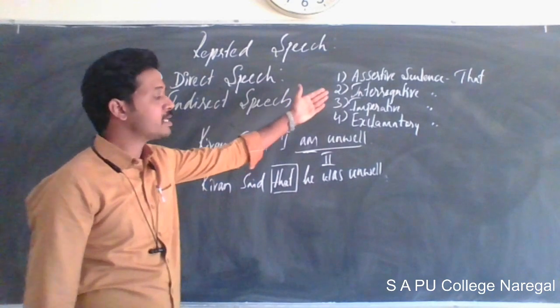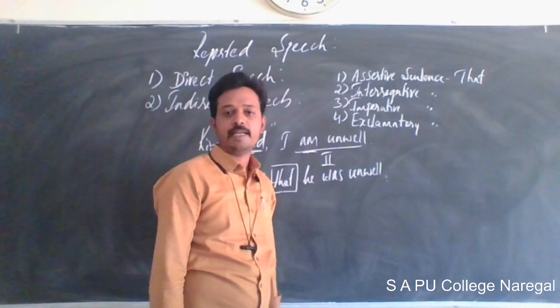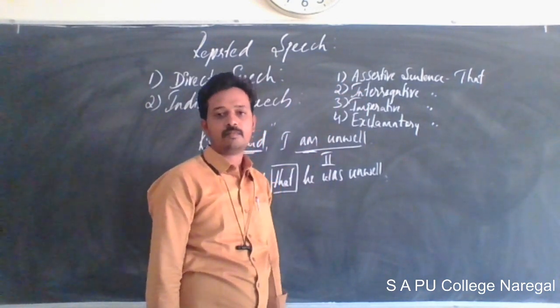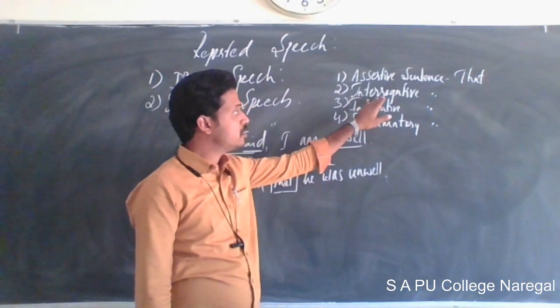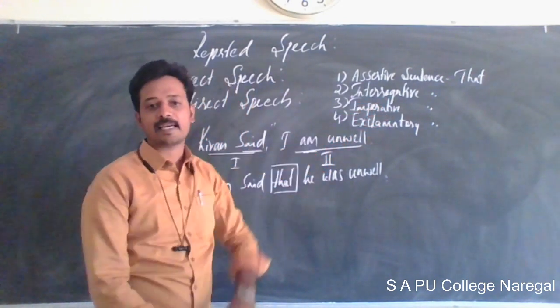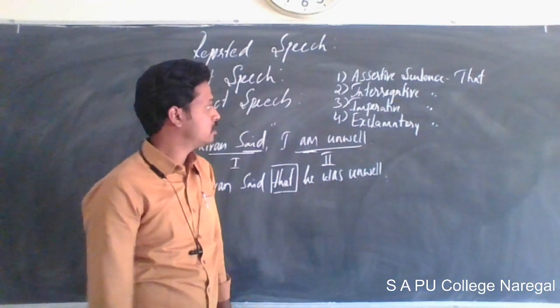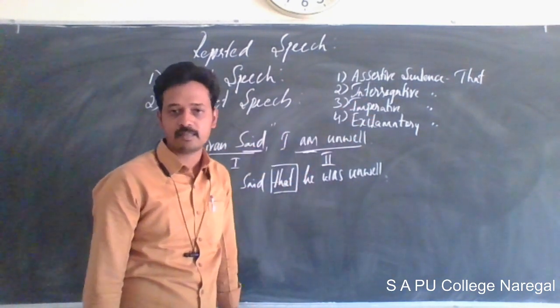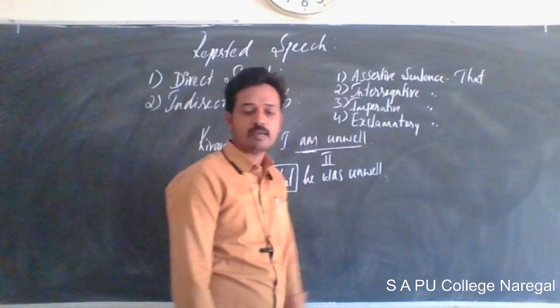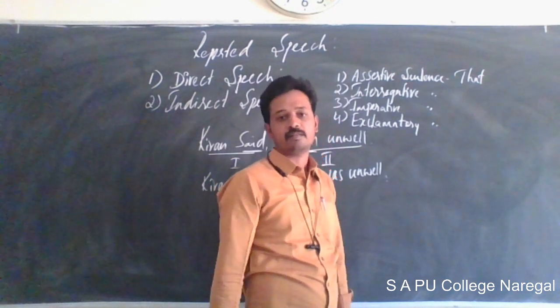And the second kind of sentence, interrogative sentence. While converting an interrogative sentence to indirect speech, there are two sub-kinds. The one is the WH question and another one is the yes or no question.